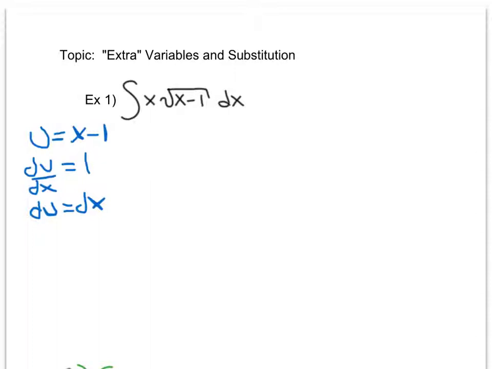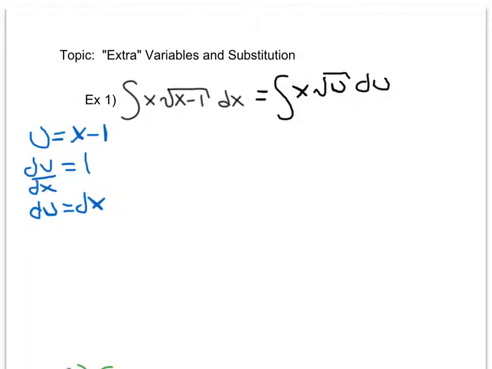That allows me to put u in for x minus 1, and it allows me to put du in for dx. My new expression becomes the integral of x times the square root of u, du. Notice this causes a problem, because now I have x and u du.